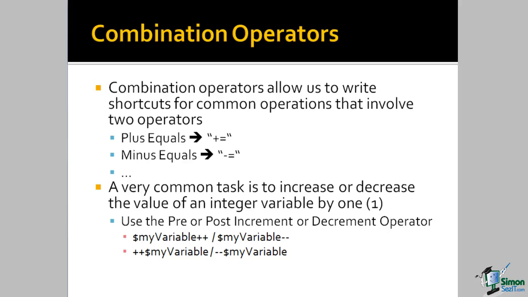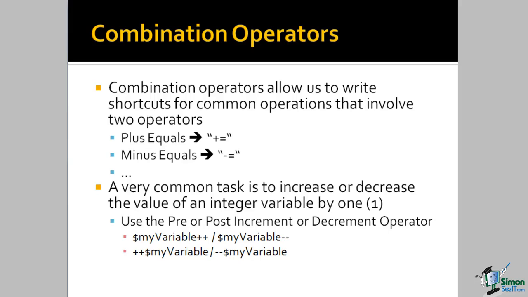One of the things that we do a lot, especially as we'll see in controlling loops, is adding a 1 to a value. And so there's a very short shortcut that we use for that. And again, we could just say, in this example, my variable equals my variable plus 1.